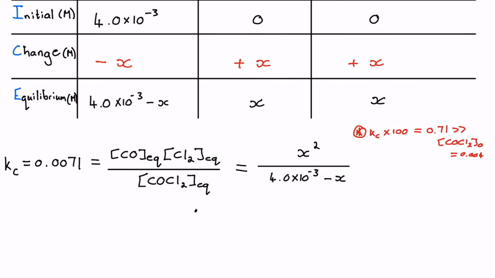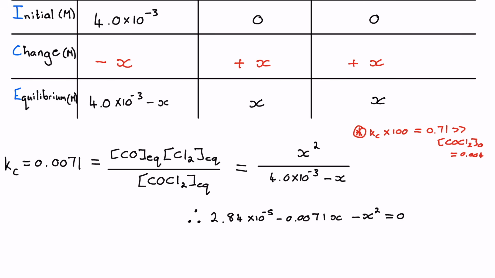So if I solve here, I'll start simplifying. The quadratic expression that I got is 2.84 times 10 to the negative 5 minus 0.0071x minus x squared is equal to 0.